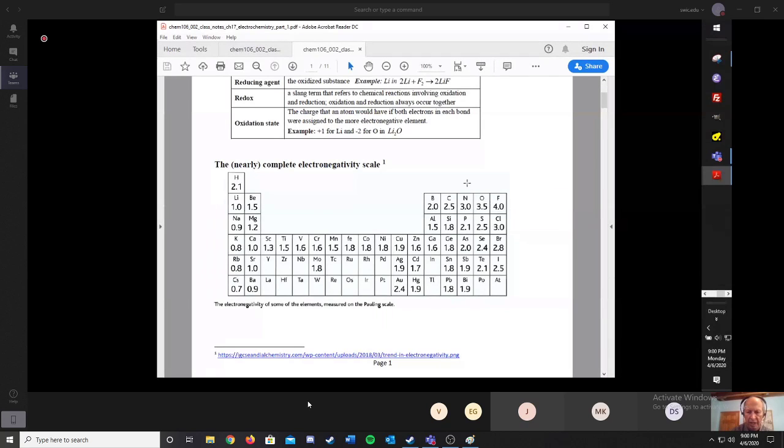Like here we have a periodic table, and over here on the right-hand side, right next to the noble gases, these are the halogens: fluorine, chlorine, bromine, and iodine. Those are really electronegative, especially fluorine.